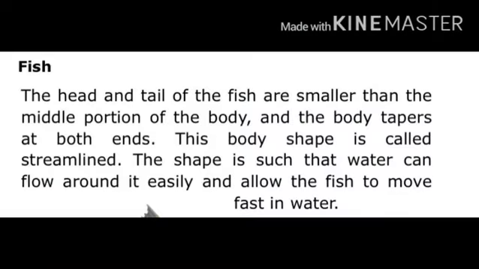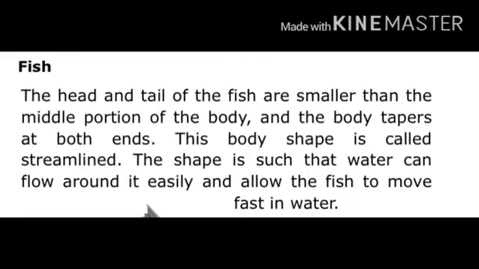Now these are fishes. Now check, how do fish move? The head and tail of the fish are smaller than the middle portion of the body, and the body tapers at both ends. This body shape is called streamlined.